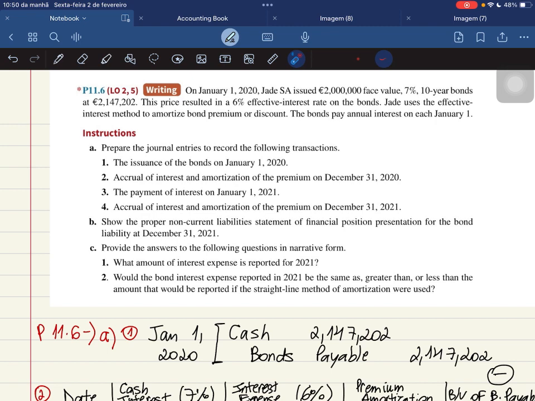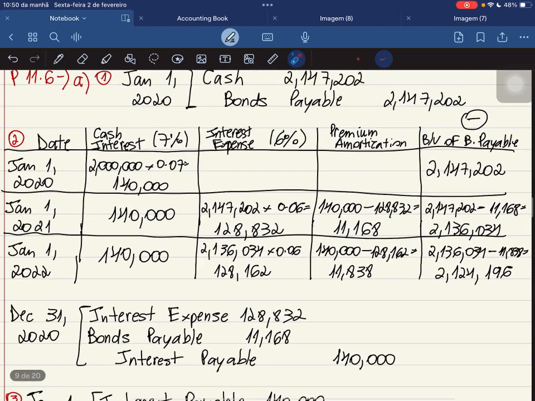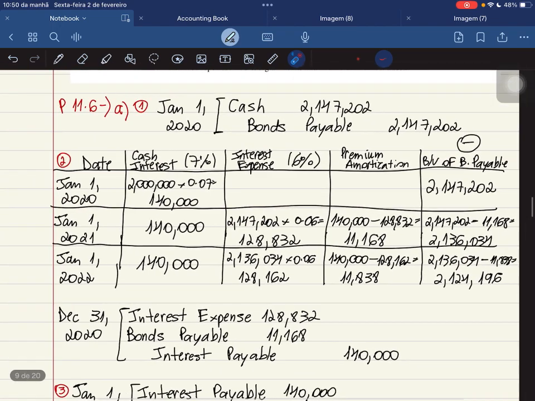Well, they want to know the book value, right? How much of bonds do we actually have on December 31st of 2021? Well, here the logic is the same. This is the book value on January 1st of 2021 at the beginning of the year. So on December 31st of 2021, 1 year has passed.